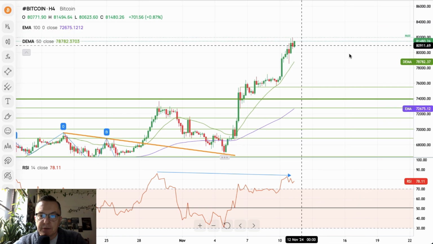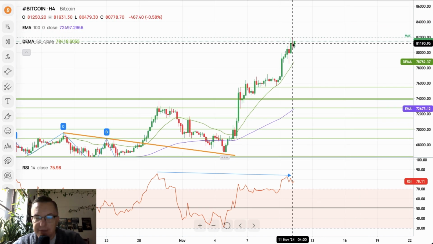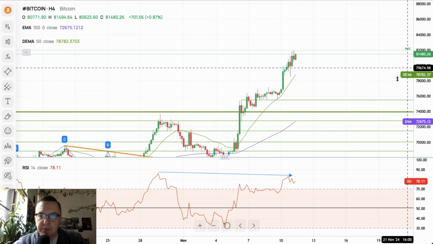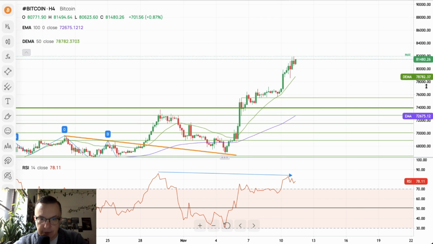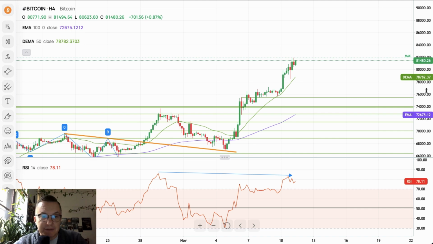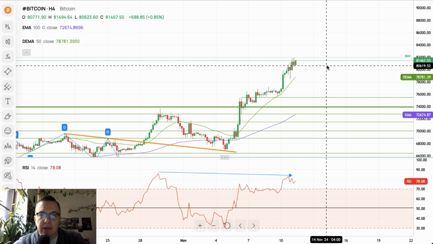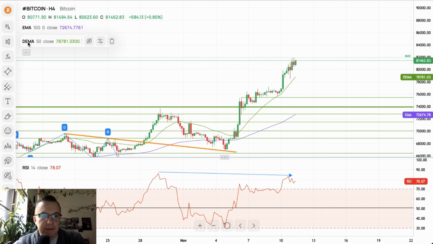Next target for the market, 82,000, no, 81,931, then 82,000. Of course, plenty of people are talking about the $100,000 target. Obviously, with that kind of momentum, with that kind of attitude, it is absolutely possible in the future.